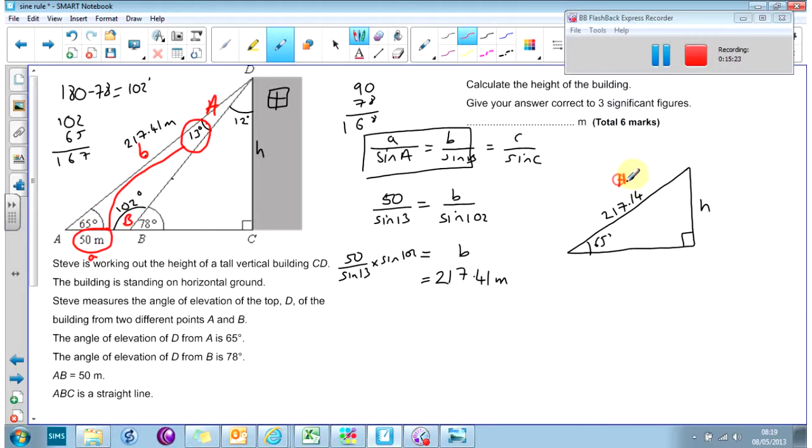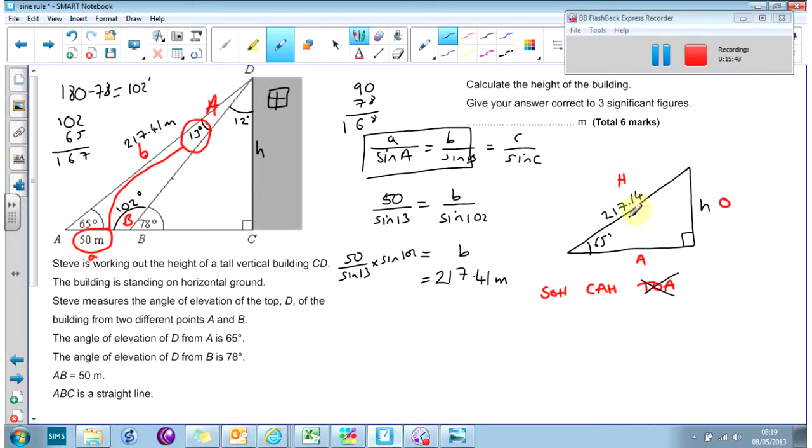So hypotenuse, opposite, adjacent, SOHCAHTOA. Okay, how do we choose which one we want? Well, we want to work out h, which means it's got to be one of these two. It can't be this one because there's no h in it, so we can't work out h if h isn't in it. Which leaves us the choice of these two.